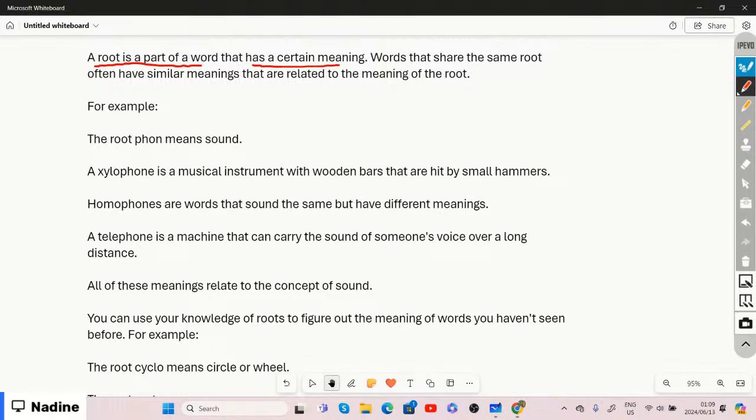We are going to look at certain examples where we have a specific root, and whatever letters or words are added to that root, you will be able to see that the meanings of those words are basically the same. So a root is a part of a word and it has a certain meaning, and words that share the same root often have similar meanings that are related to the meaning of the root.